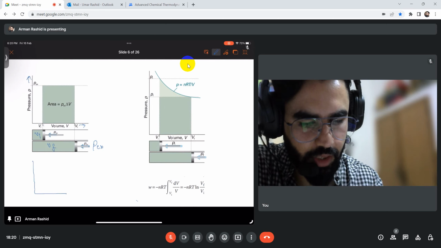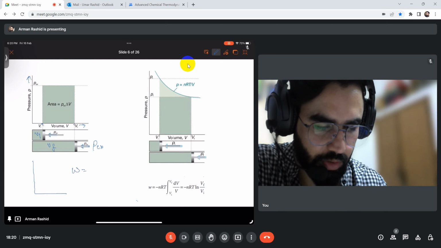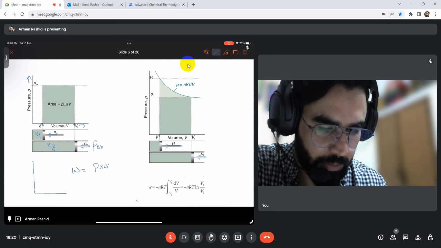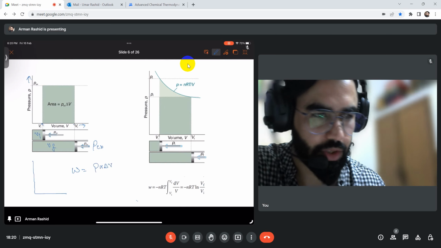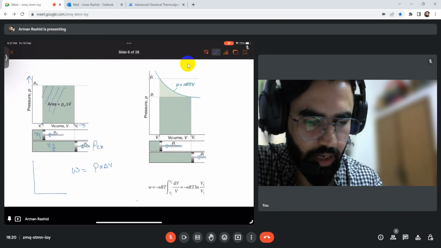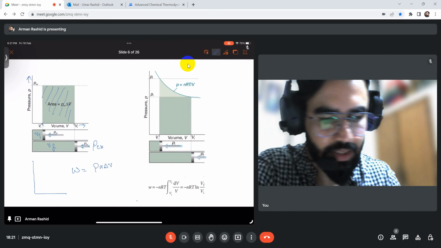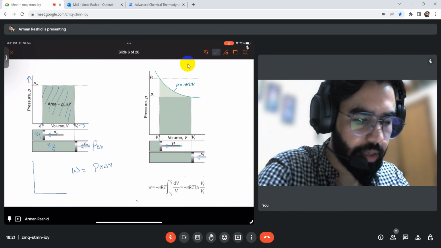The work done because of the expansion of the gas is equivalent to W equals P multiplied by delta V. Since external pressure is constant, the area of this graph will give the work done. Now this is possible when the external pressure remains constant.